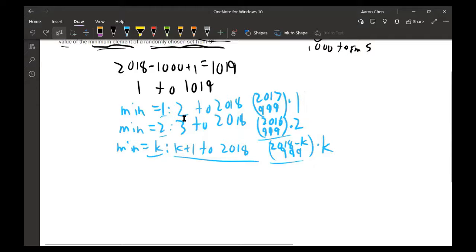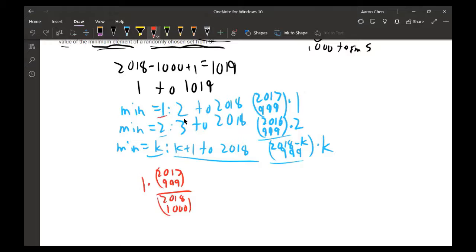So the expected value can just be thought of as, when the minimum is equal to 1, the actual contribution to the expected value would be 2017 choose 999 divided by 2018 choose 1000.